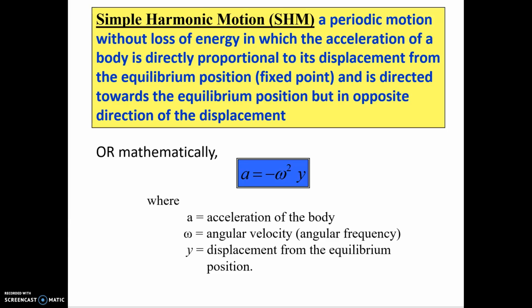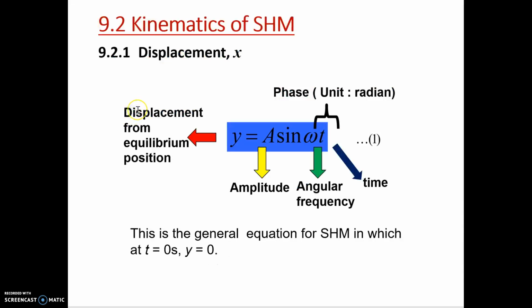Now we go straight to the equation of simple harmonic motion. The basic equation is this one, 9.2. Displacement is supposed to be y, so again you have to change it into y.